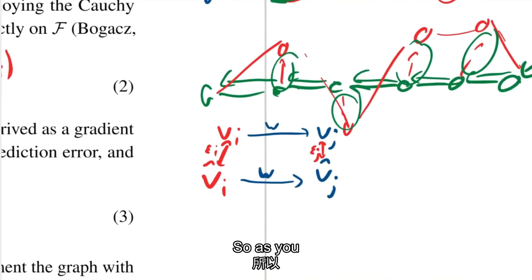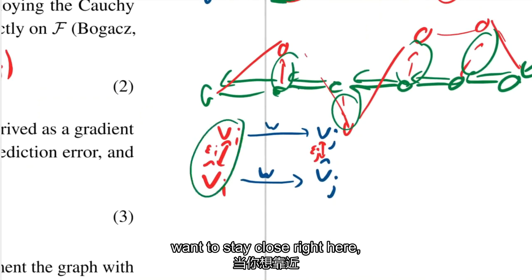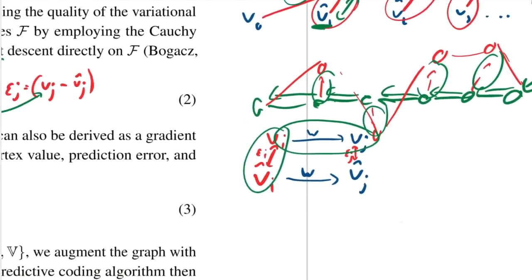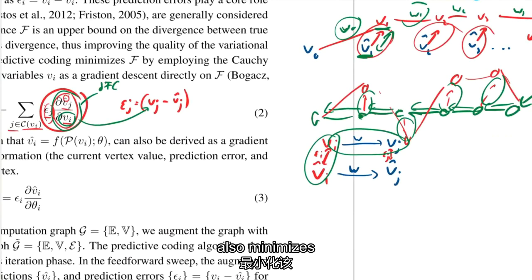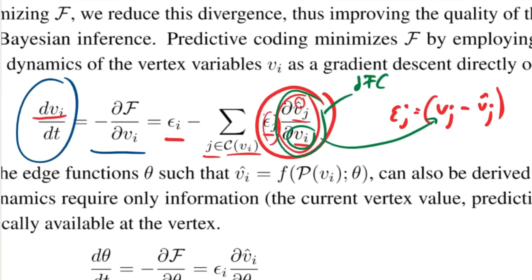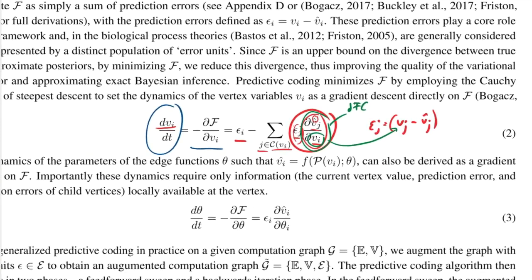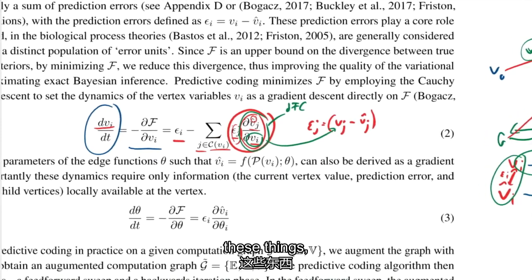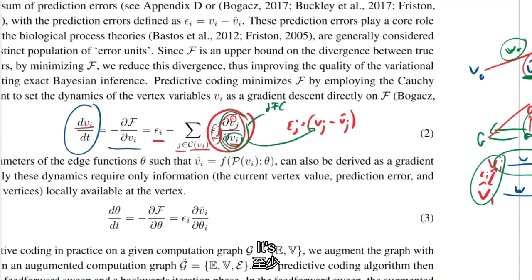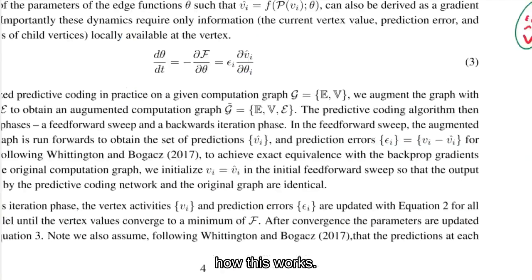Okay, so you want to stay close right here, but also you want to make Vi such that it outputs Vj, such that it also minimizes that error. Okay, sort of. Yeah, it's hard to draw these things, but I hope I've explained it in multiple ways right now, so that it's at least a little bit clear how this works.